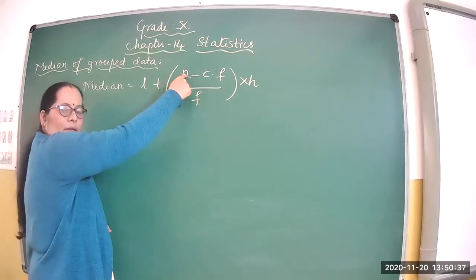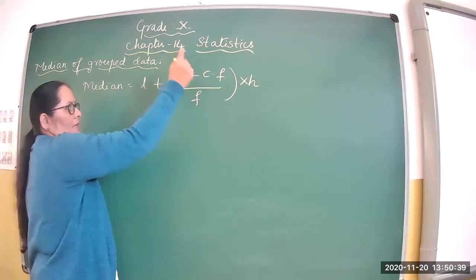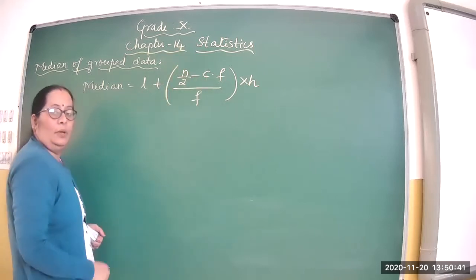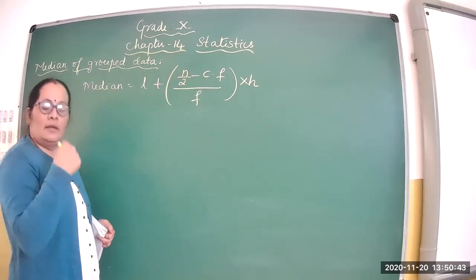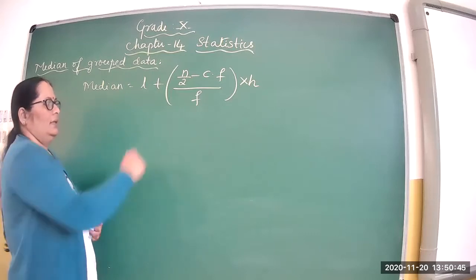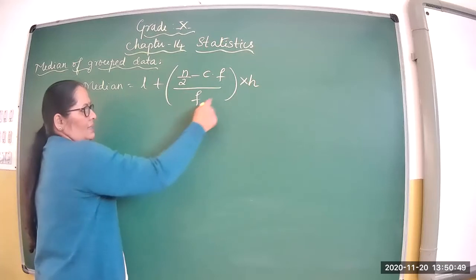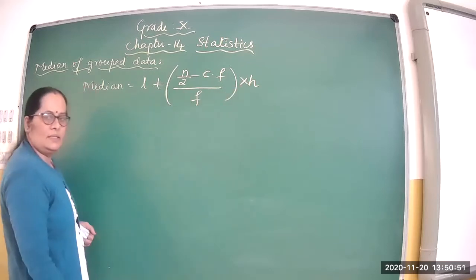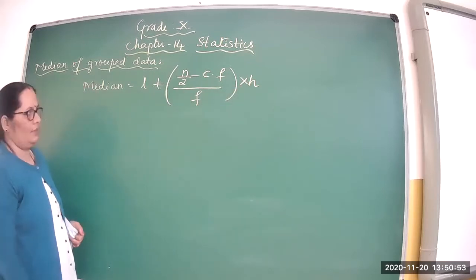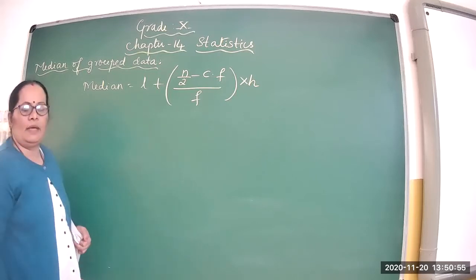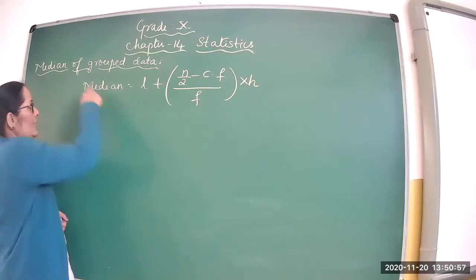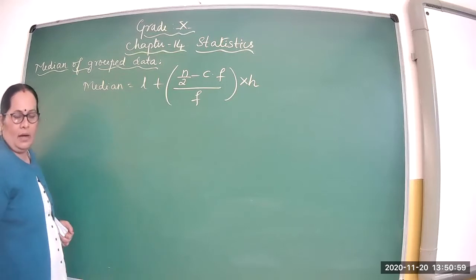N, total number of frequencies. Cf, cumulative frequency of the preceding class. Then f is the frequency of the median class and h is the class size or class width. Using this formula, we can find the median of grouped data.